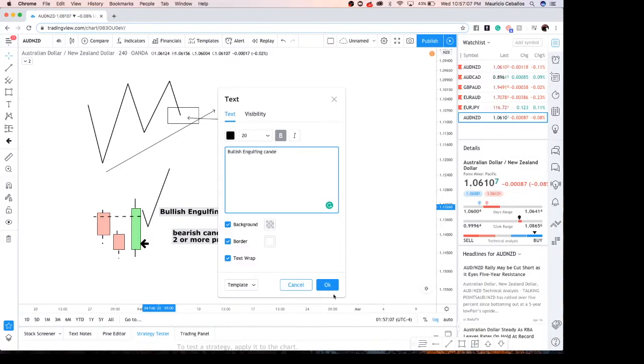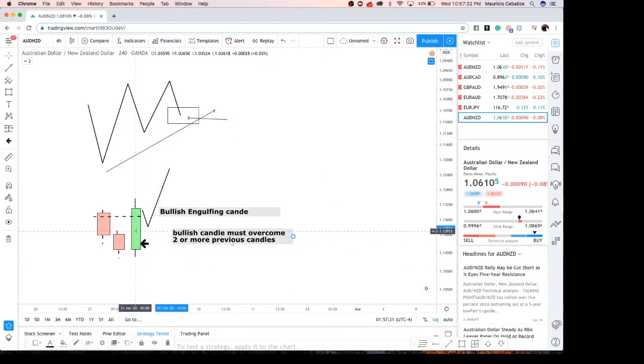A bullish candle must overcome 2 or more previous candles. So this bullish candle is overcoming 2 previous candles, which makes it a valid bullish engulfing candle.